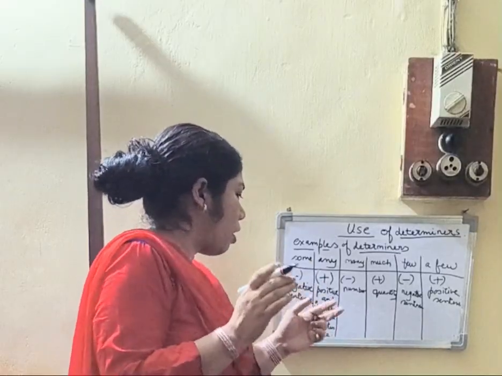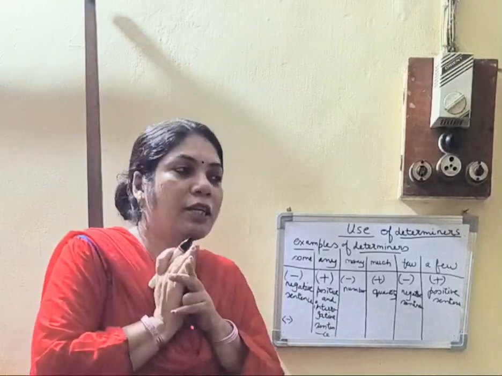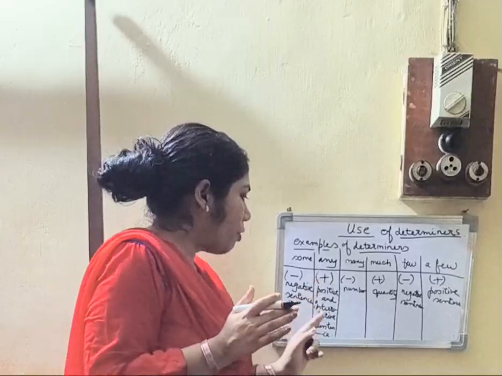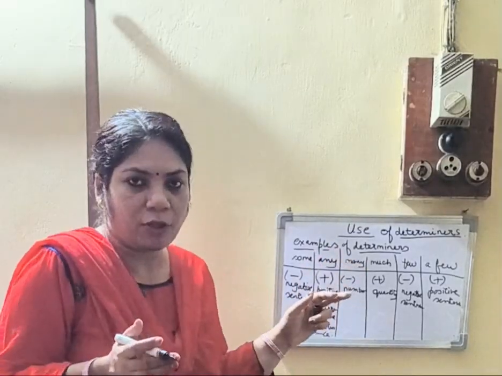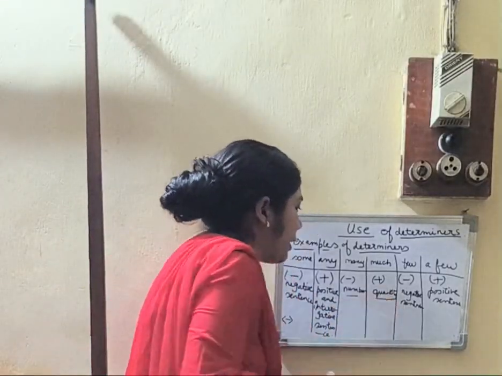You can always keep this in your mind that whenever there is an interrogative sentence, related to a question, we will use any. Okay, and it will always be used as positive. Positive nature. Number and quantity, many.